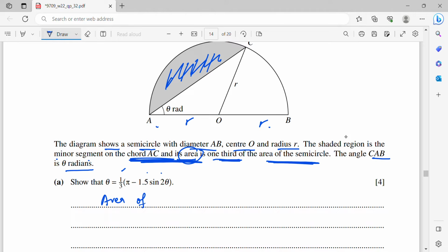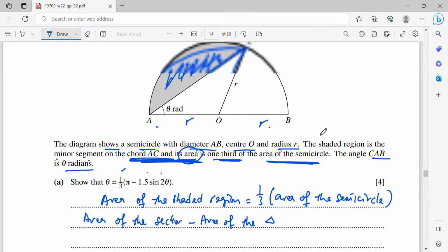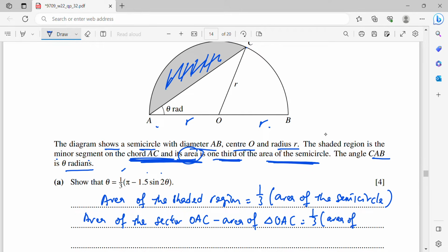Now, the area of the shaded region is basically the area of the sector minus the area of this triangle. So I will write area of the sector OAC minus area of the triangle OAC, equals 1/3 of the area of the semicircle.